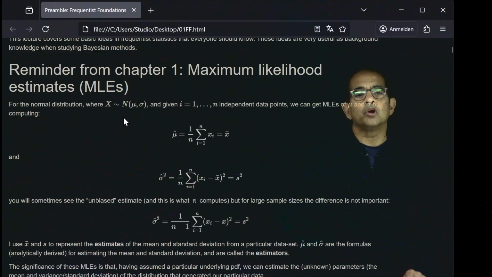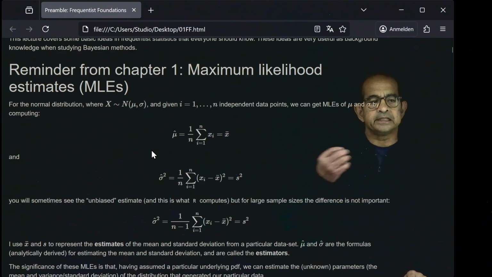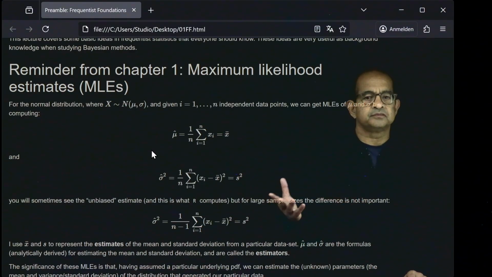And what we want to do first when we collect such data is to obtain an estimate of the mu and sigma parameters. We do that through these estimators, mu hat and sigma hat squared. These estimators give us a way to obtain a rough idea of what these parameters might be given the data that we have, right?